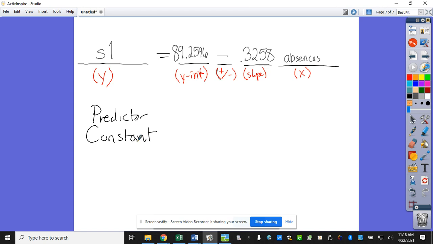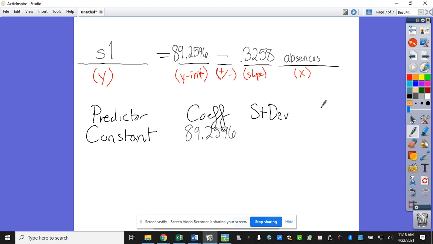What's this one say? So the first number, your constant, is your y-intercept. What's after that?